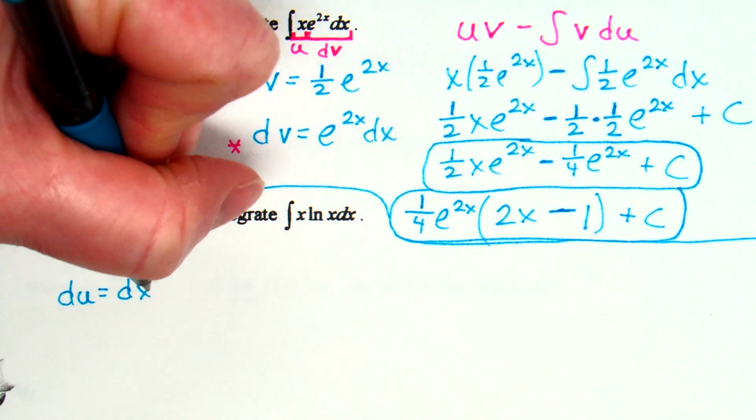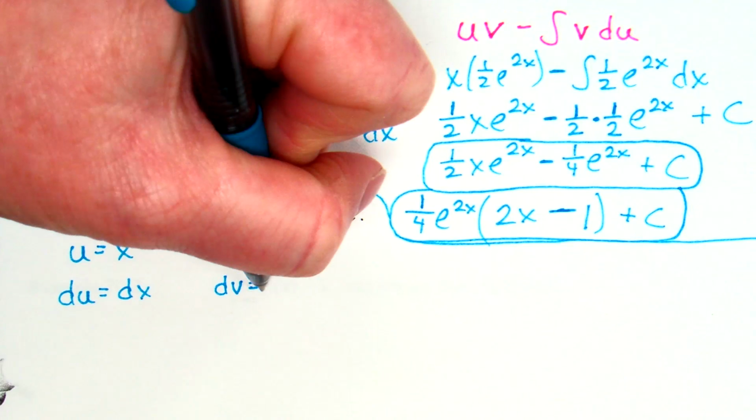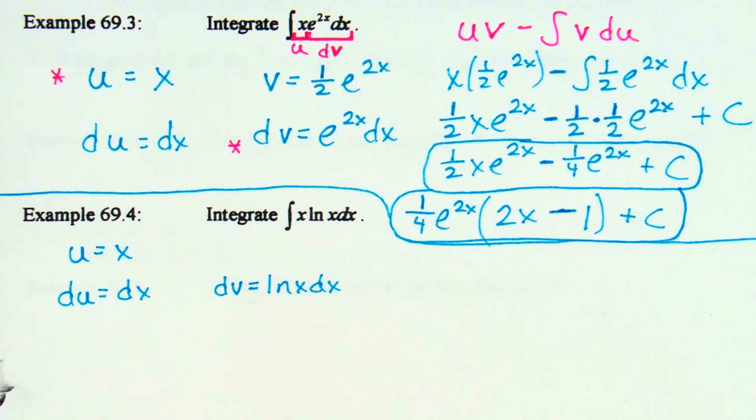If you pick dv as the rest, you get dv is ln x dx. Now, technically, we do have an integral of ln x now. What do I mean by that?